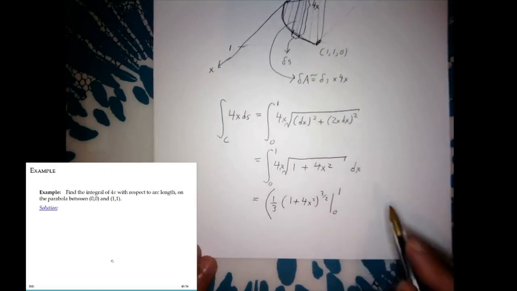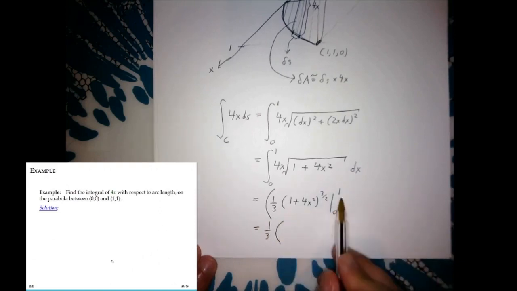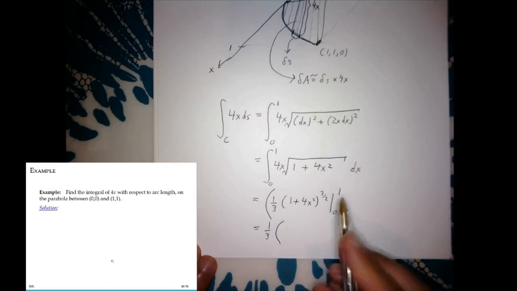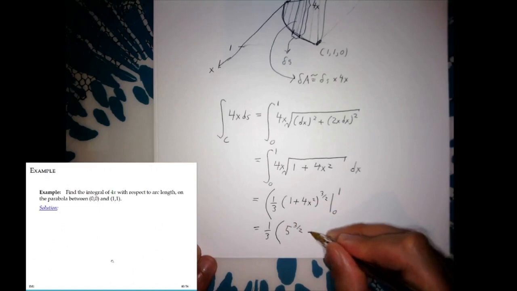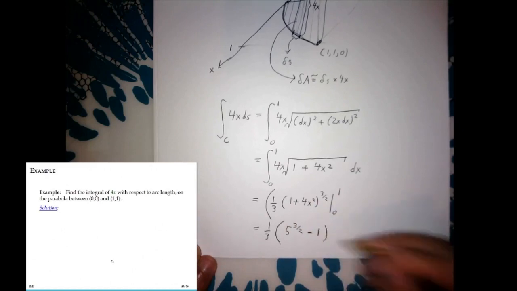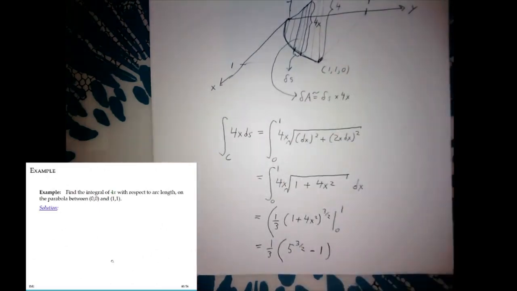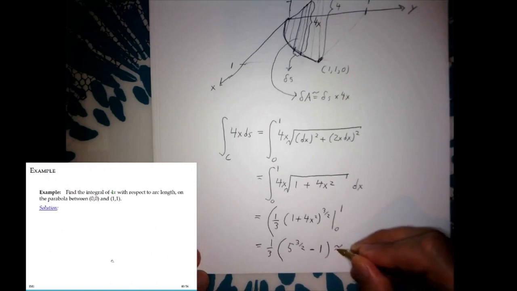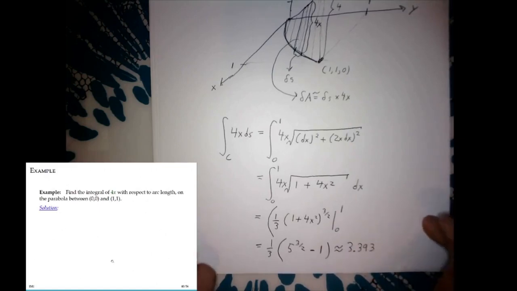Okay, and so now it's just a matter of plugging in the limits. So it would be 1/3 times, plug in 1 for x, 1 plus 4 is 5, so 5 to the 3/2. And when we plug in 0 for x, we just get 1. So this would be the area of this curved surface. And once again, if we wanted a decimal approximation, we put this into our calculator and get approximately 3.393.